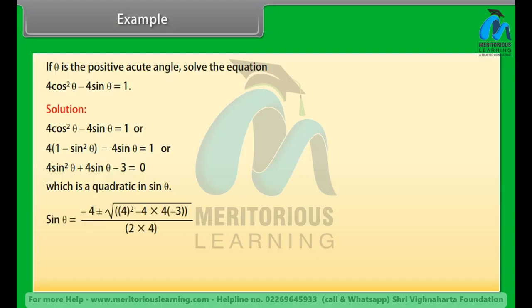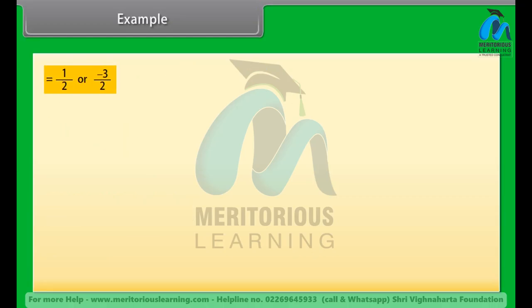Sin of theta is equal to (minus 4 plus minus under root (4 square minus 4 into 4 into minus 3)) by 2 into 4 is equal to (minus 4 plus minus 8) by 8 is equal to 1 by 2 or minus 3 by 2.